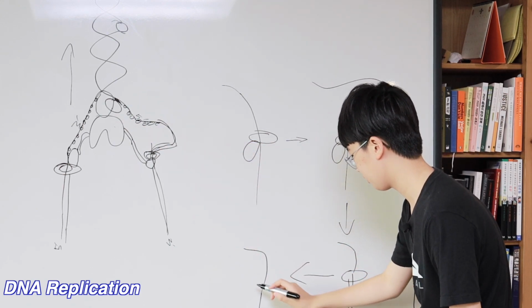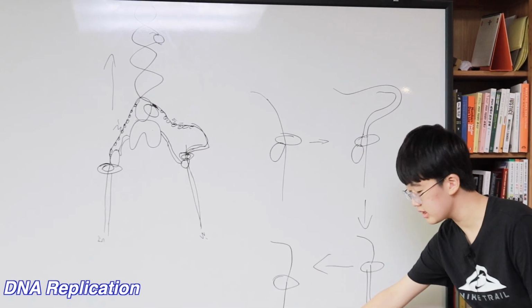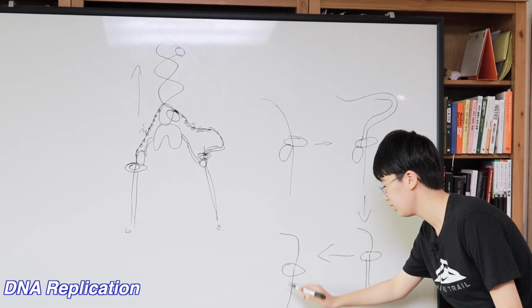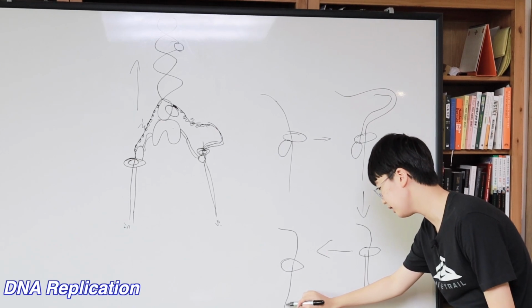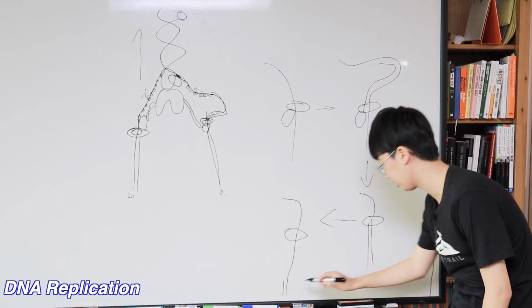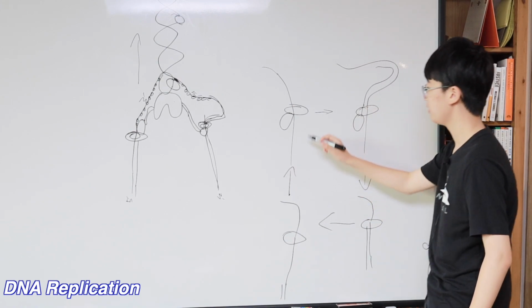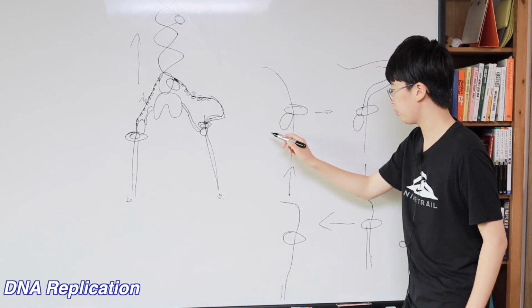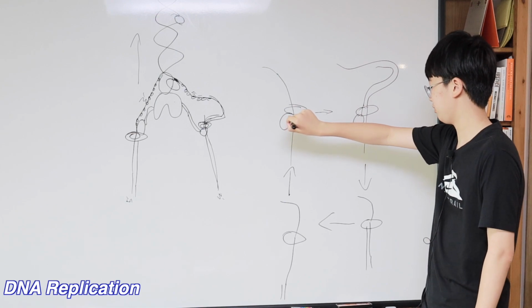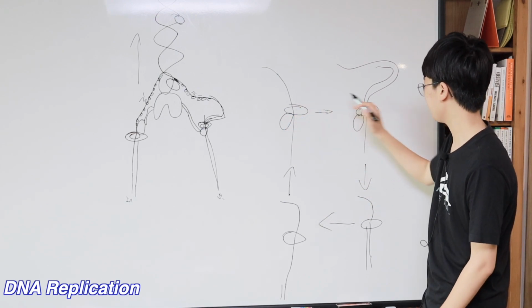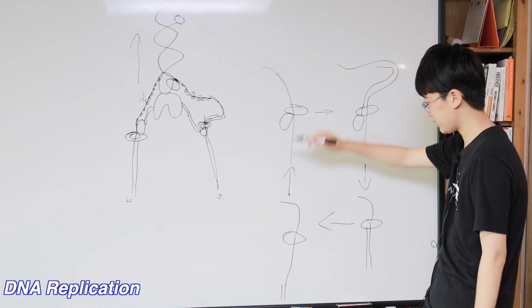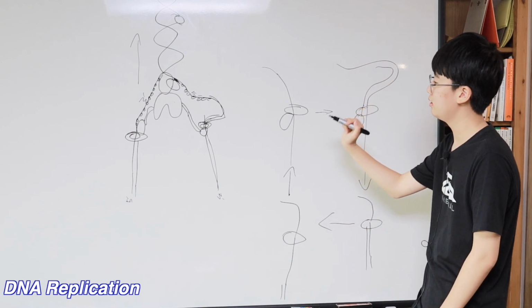So like that, this part now has to be replicated, and a bit more down there would be this part that has been pushed down, and then the polymerase is attached to it again, and then does its job, and this cycle keeps happening.